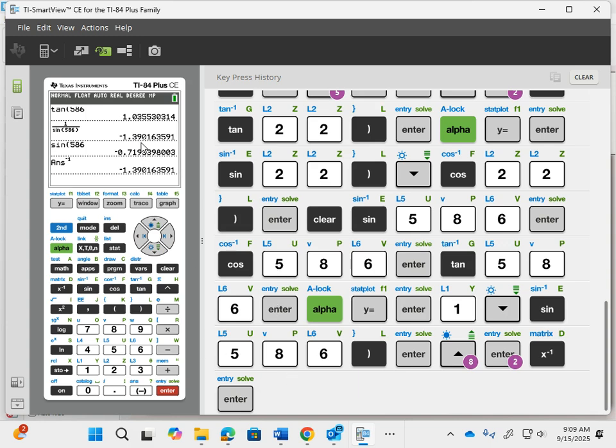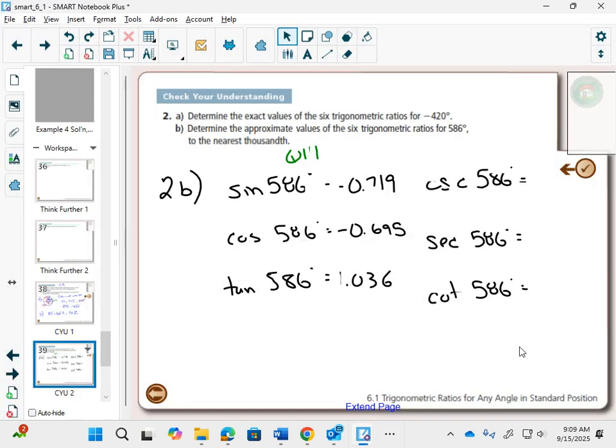To 3 decimal places, you would have to write this third 0. So I'll go back to my notes here. And my cosecant is negative 1.390. And I would do the same thing for secant and for cotangent.